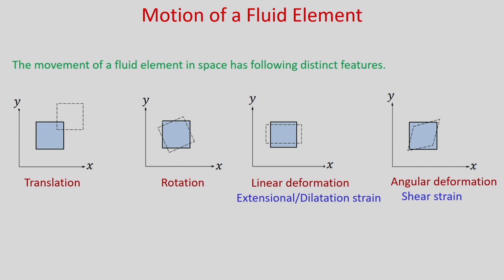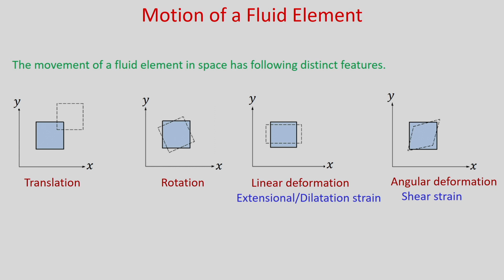So, you can see it is kind of solid body rotation. It is having the initial position like this, but after some time it just rotates as a solid body. We can have rate of deformation. There are two types of deformation, one is linear deformation and another is angular deformation.